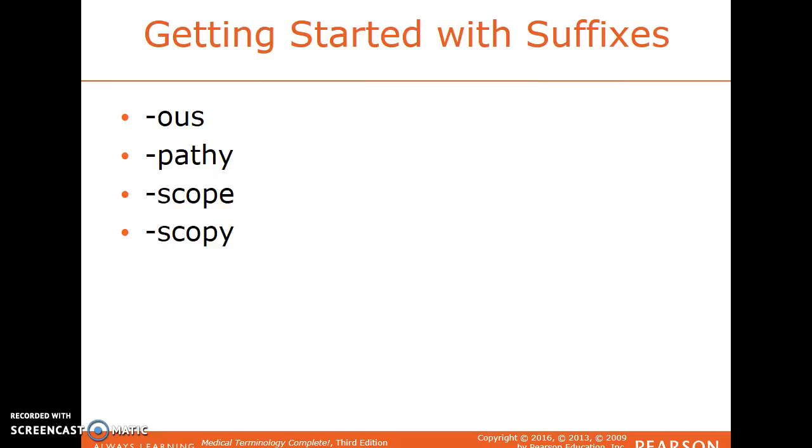More suffixes. Us also means pertaining to. Pathy is the study of, right? Oh no, pathy is disease, sorry. Scope is an instrument used for viewing, and scopy is the process of viewing.